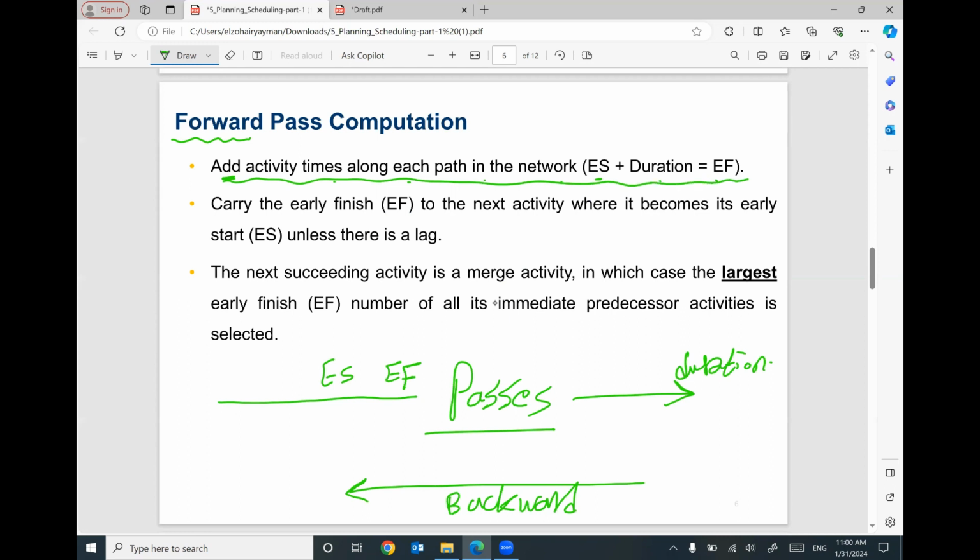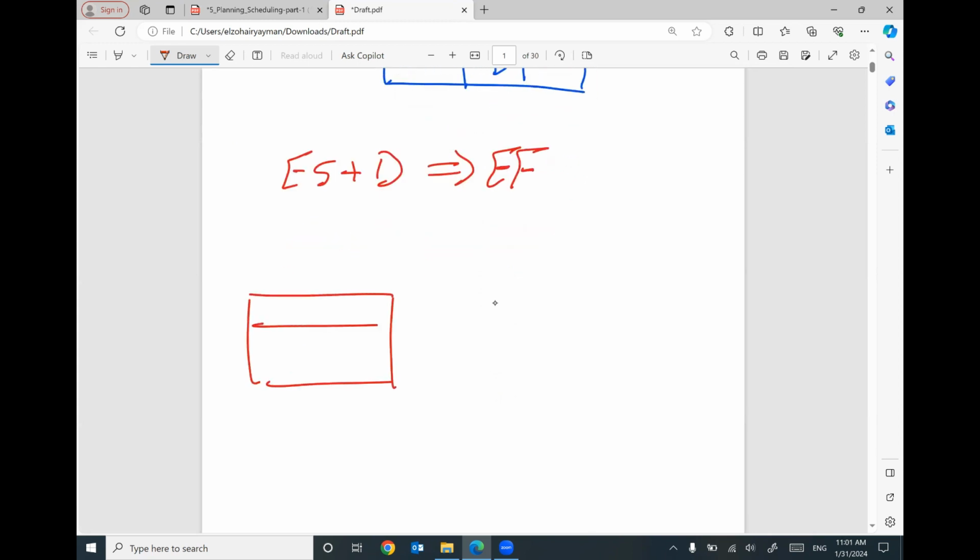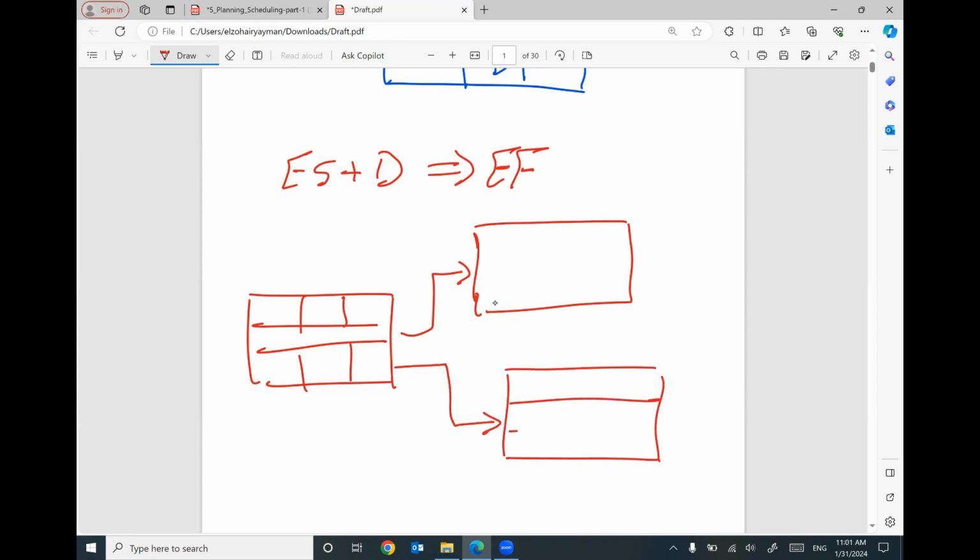Add activity times, the duration of each activity, along each path in the network. Carry the early finish to the next activity where it becomes its early start unless there is a lag. We will cover this in the next video if we have a lag. So if you have an activity here and this activity is connected to other activities like this, the early finish here for this activity will be the same for early start here and the early start here.